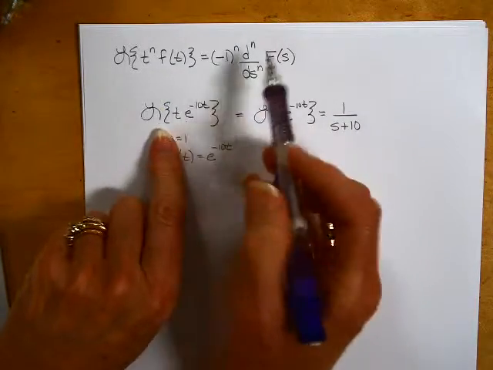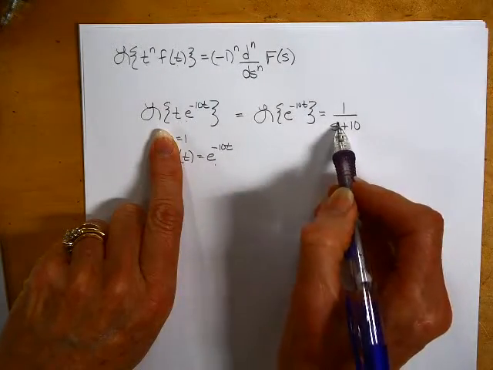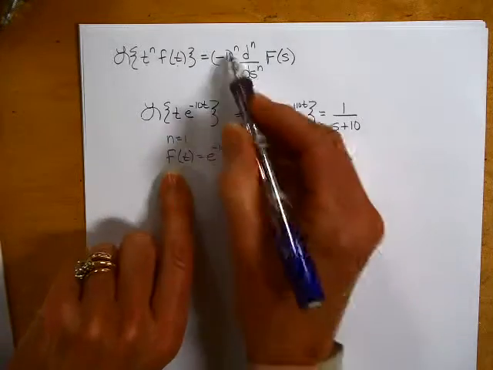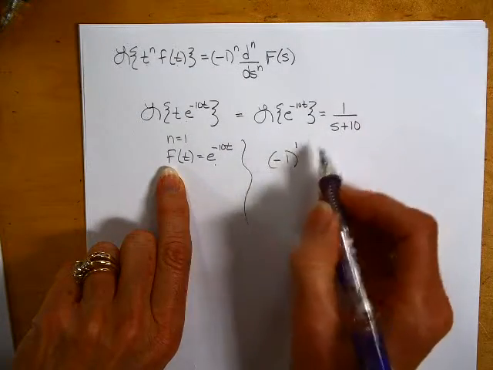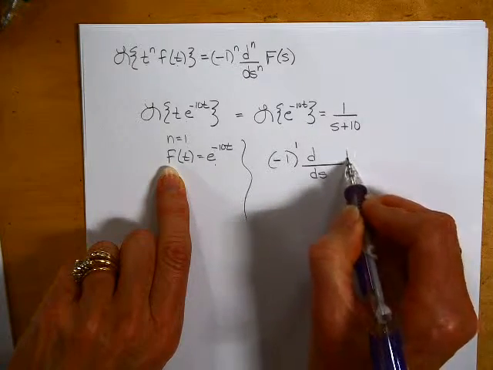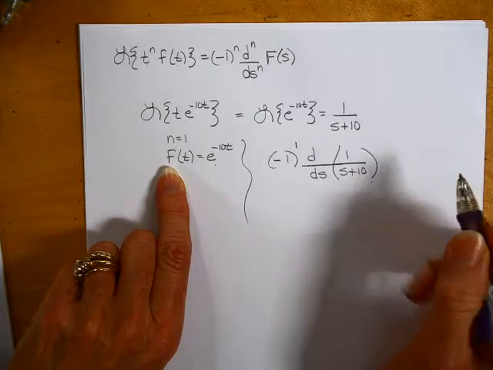But this formula says if I've got t multiplied times a function, then I need to take negative 1 to the nth power, which is the first power, times the first derivative with respect to s of 1 over s plus 10.